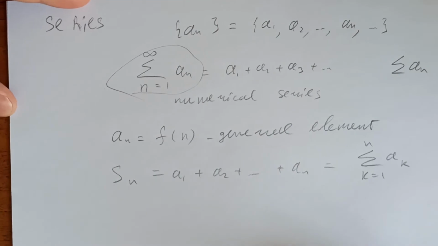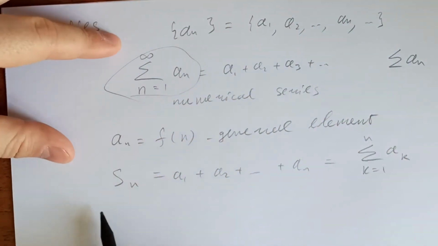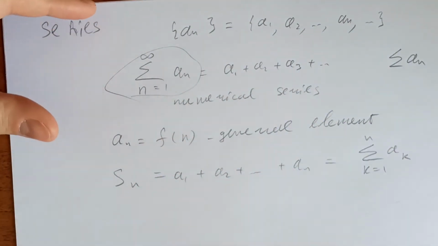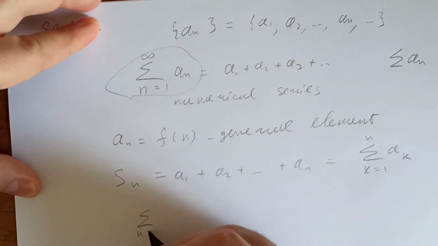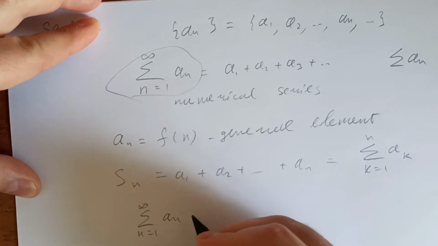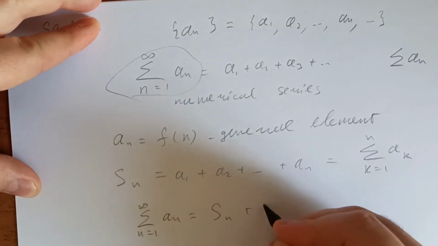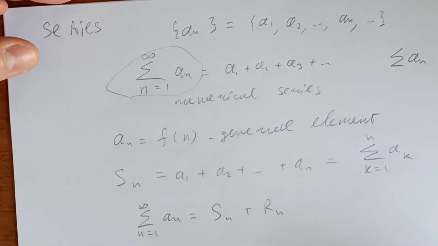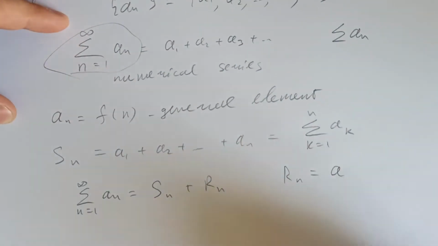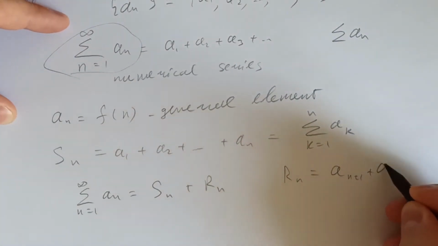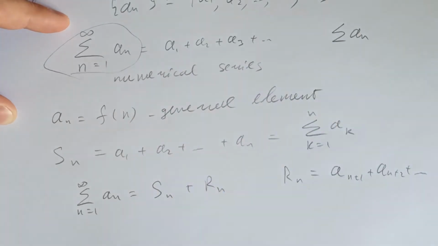So this sum will be the partial sum plus some remainder. So sum n from 1 to infinity of a_n will be S_n plus some R_n. And this R_n is a_(n+1) plus a_(n+2) plus so on.